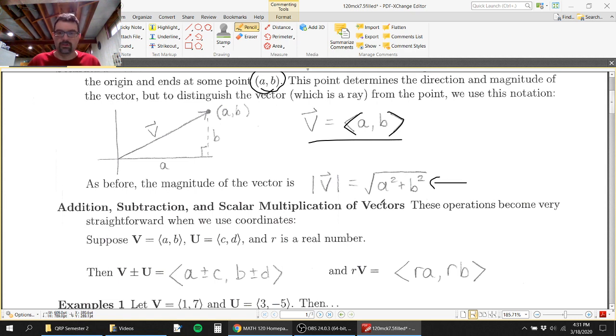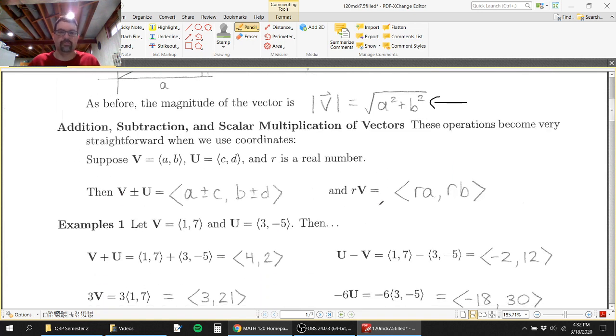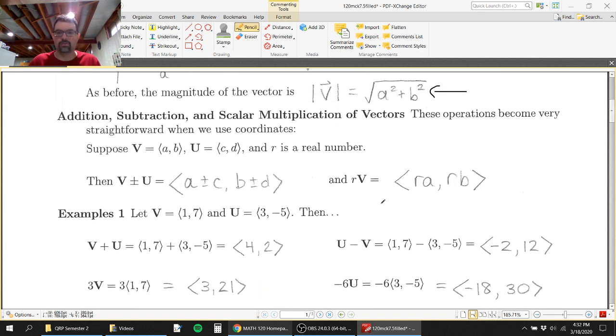Now, when you have vectors written just in terms of the coordinates where they end, adding and scalar multiplication are very straightforward. You just add or multiply the corresponding pieces. If v is this vector and u is this one, to add them together, you add the first two coordinates and you add the second two coordinates, or you subtract if it's subtraction.